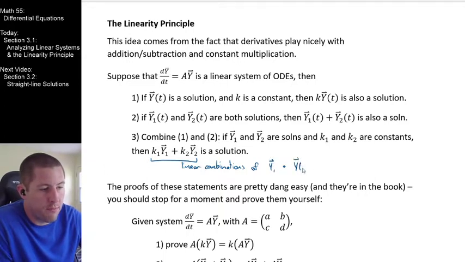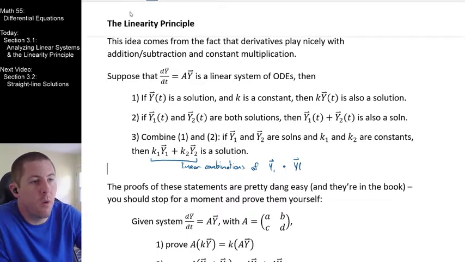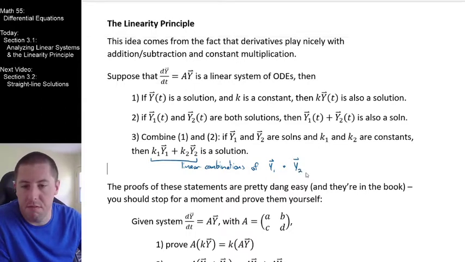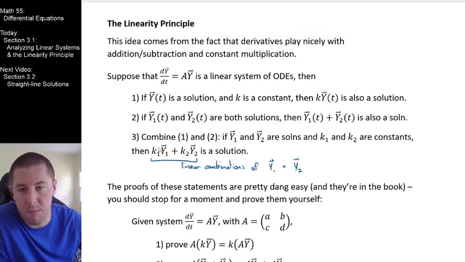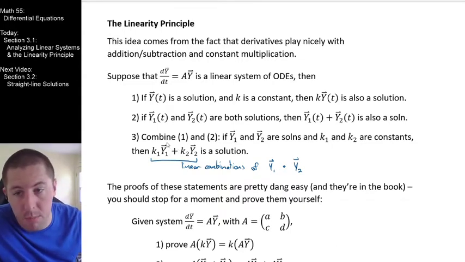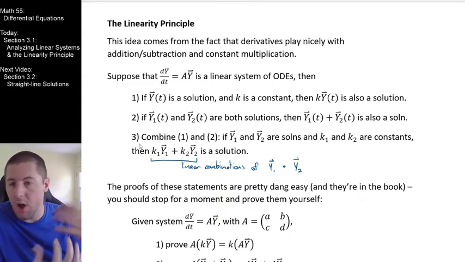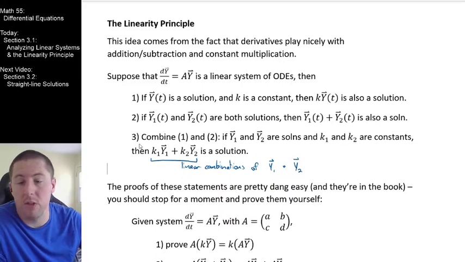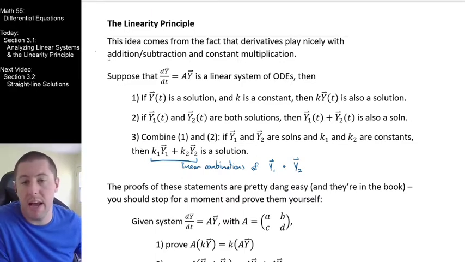Whenever we use the phrase linear combinations, we mean all sums and differences of constant multiples of those two things. So you can add them, subtract them, take any constant multiples of them that you want. All of that collectively is also going to satisfy the original differential equation as well. Number three is how we're going to construct general solutions to differential equations.